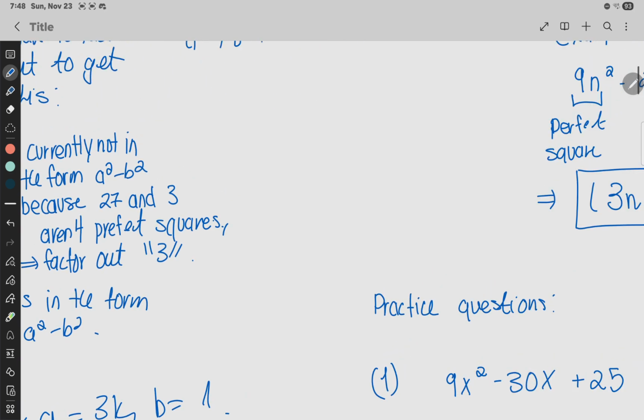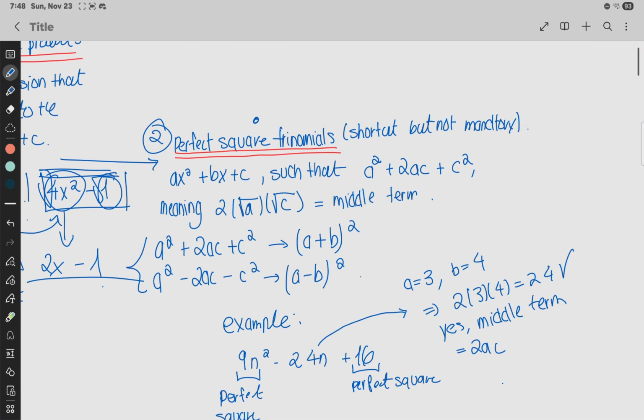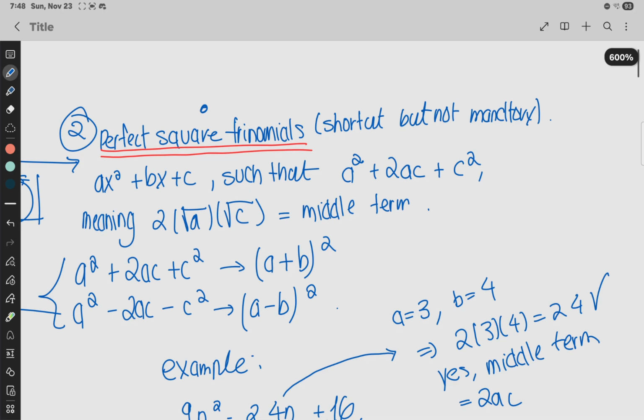Okay, our next case would be perfect square trinomials. So for the difference of squares, it's a must. A difference of squares is the only way you can factor out two terms completely.